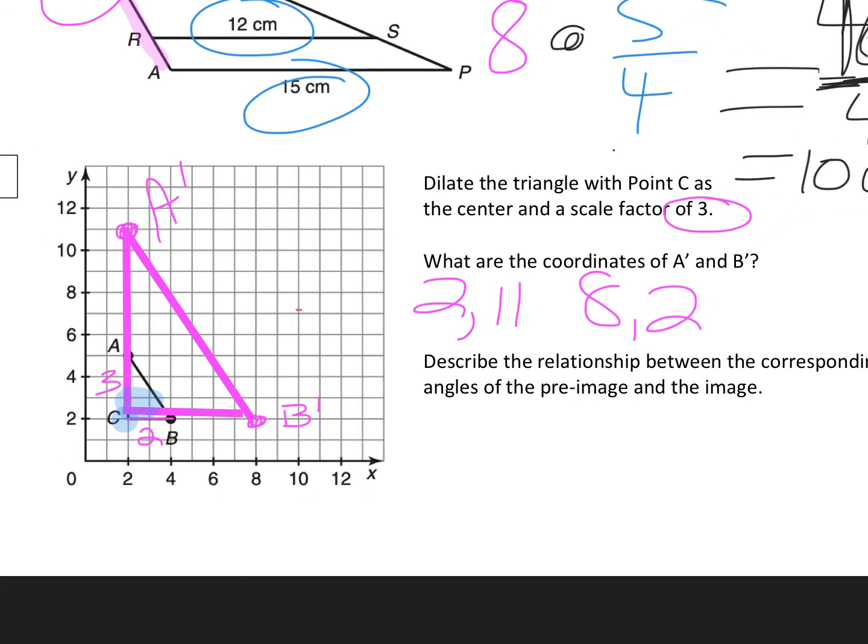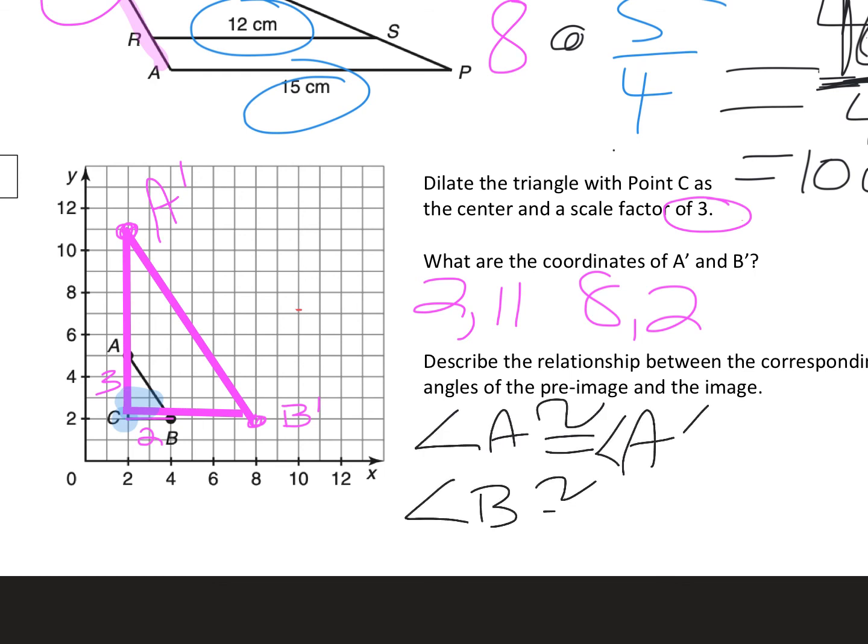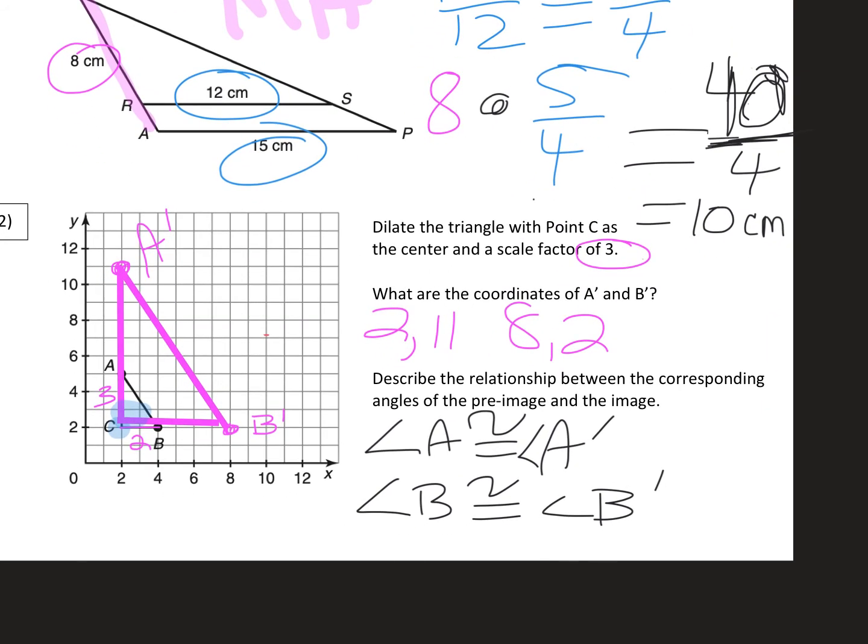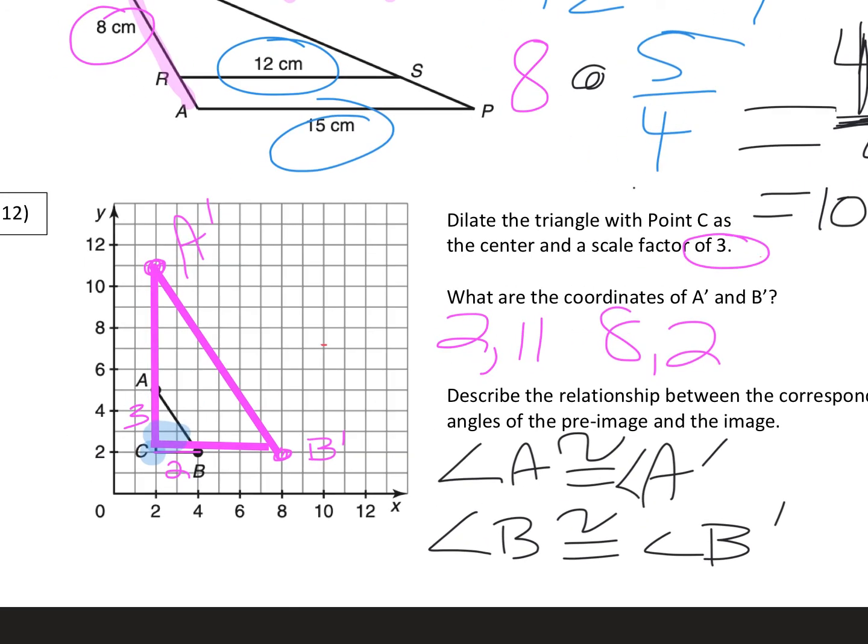You could say angle A is congruent to angle A prime, and angle B is congruent to angle B prime. That would work. Or you could say they're all congruent because they're the same. You just need to know that a dilation changes the size, but it does not change the angles, because that's how it gets the shape in the first place.